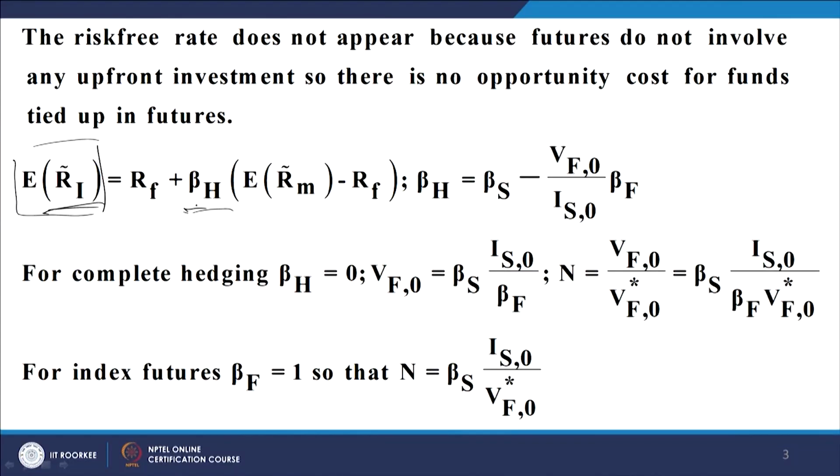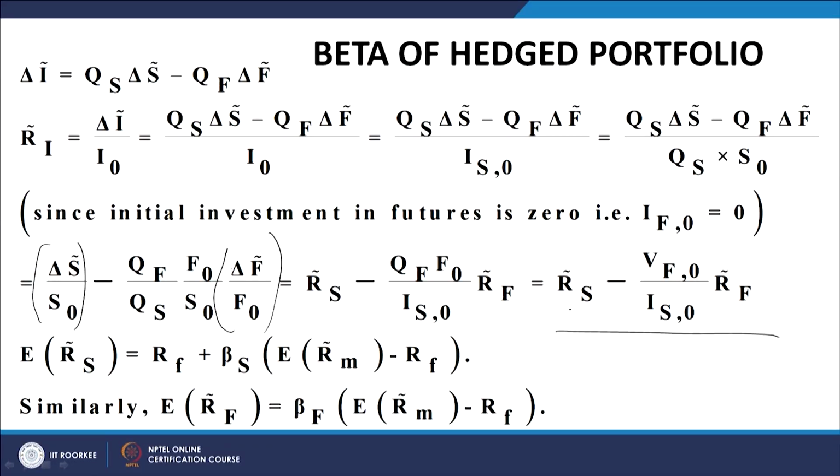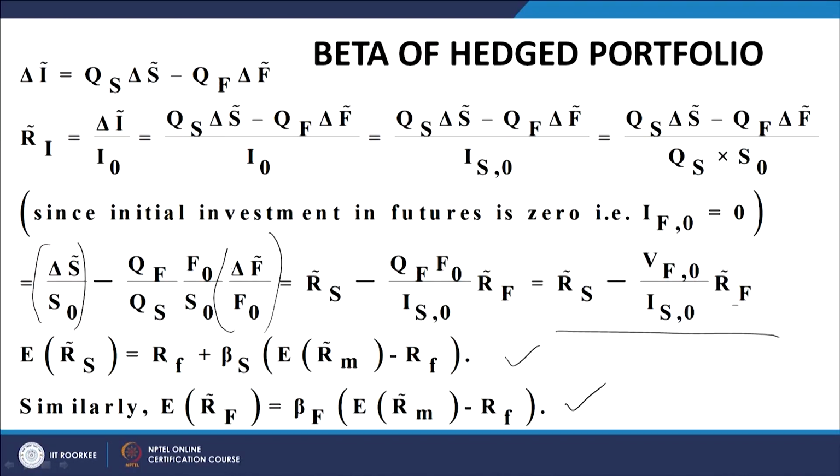And substituting the respective values for RS and RF from these equations, please note here, I reiterate once more that RF is not present in the case of the futures return, because there is no initial investment and therefore, there is no funds locked into the system and no opportunity cost of funds, and therefore, this RF factor does not arise when we work out the expected value of the futures return. The risk free return does not arise when we talk about the expected value of the futures position.